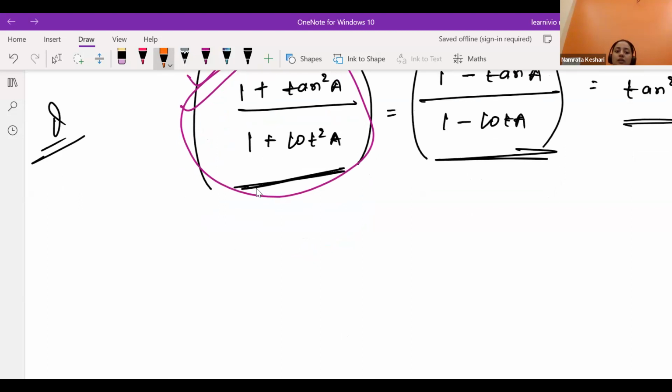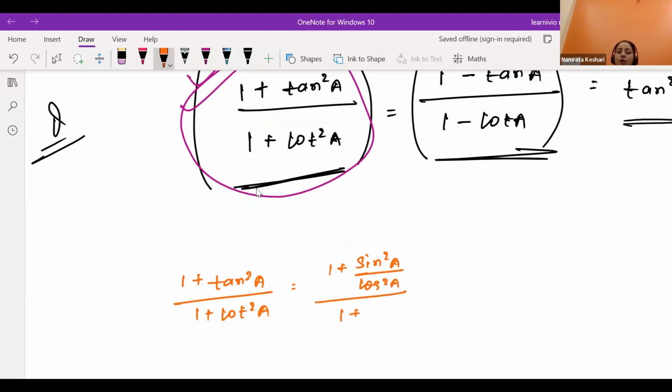You are working on this expression, 1 plus tan square a by 1 plus cot square a. Here you must have converted tan in terms of sine and cos, sin square a by cos square a, and cot in terms of sine and cos, cos square a over sin square a.